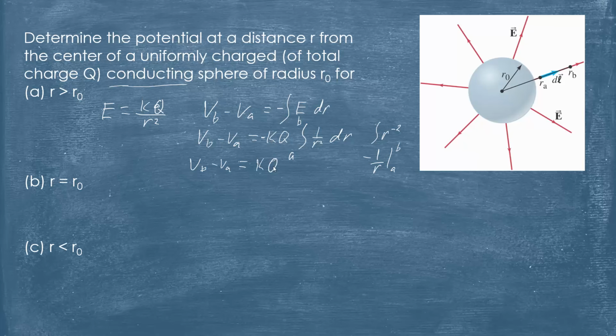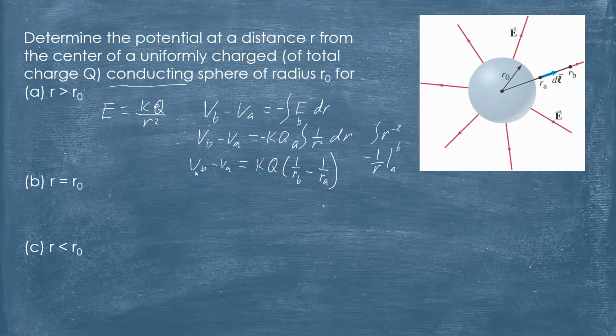All right, KQ times quantity 1 over RB minus 1 over RA. So I'll draw that A there a little higher so it's not in the way. And as I mentioned in the previous video, you can set the potential energy for the electric potential equal to 0 at any location.